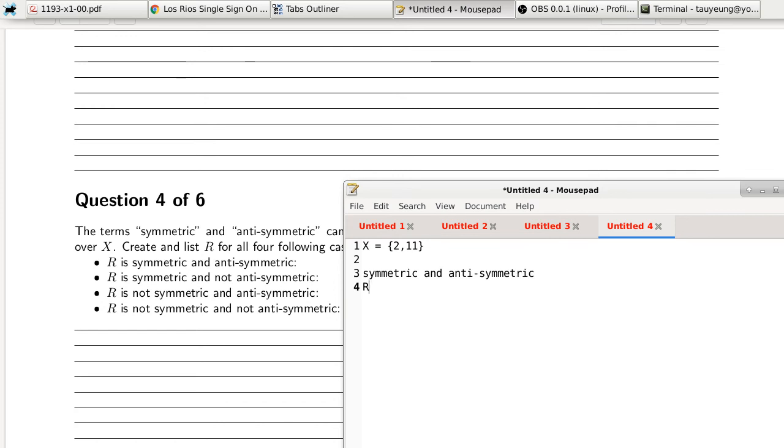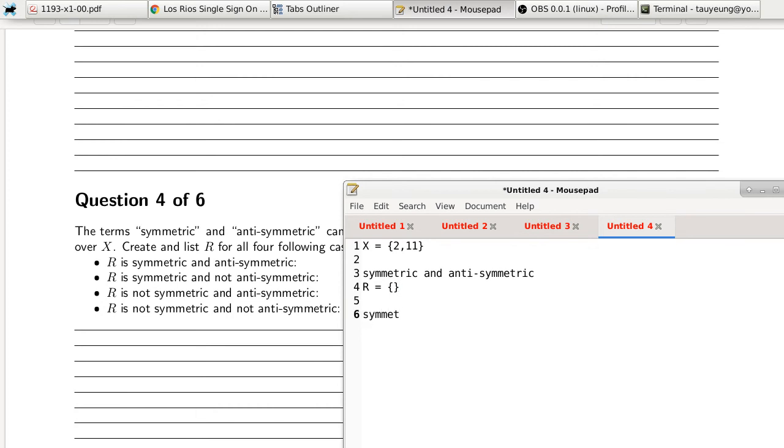Well, that's an easy one. That is symmetric and anti-symmetric at the same time, the empty relation. We talked about the empty relation in class quite a bit, and we know that the empty relation is both symmetric and anti-symmetric.